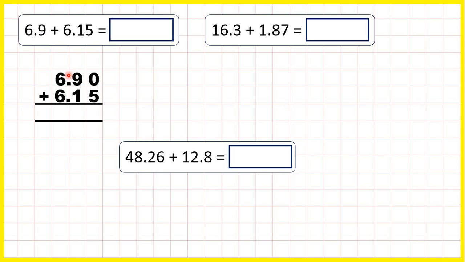One thing we need to remember to do is to copy the decimal point down into our answer, and I like to do that straight away so that I don't forget. So now we can just add using column addition, so working from right to left. 0 plus 5 is 5, 9 plus 1 is 10, so that's 1, 0, and 1 plus 6 plus 6 is 13.